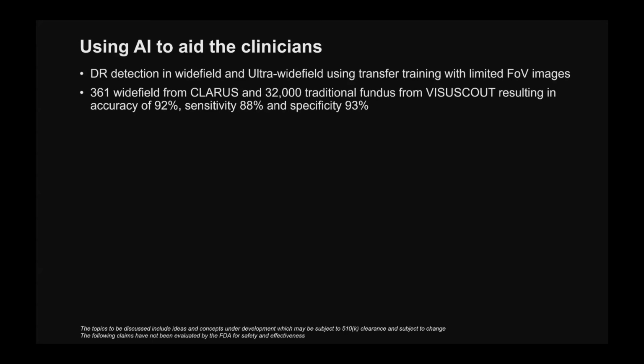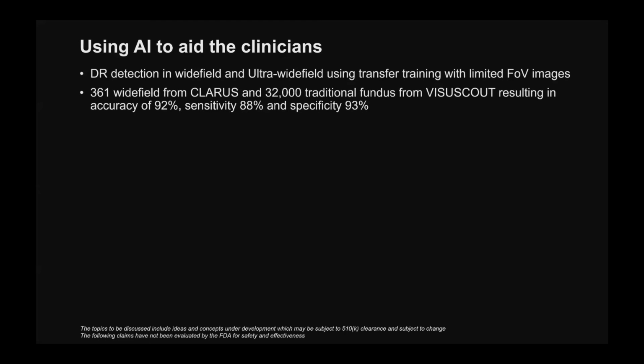Ultra wide field and wide field images are very new technology. To develop these kind of algorithms, you usually need more than 100,000 data. When the technology is really new, the data available to develop these algorithms is pretty less.